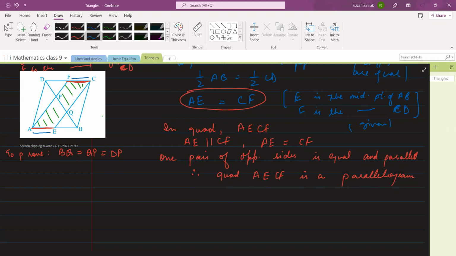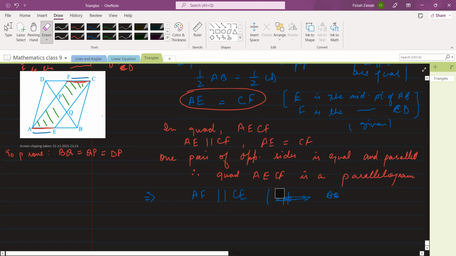So it will also imply that the other pair, that means AF, will be parallel to CE. Don't write any reason because we have just written that it's a parallelogram, so we are implying it. That's it.